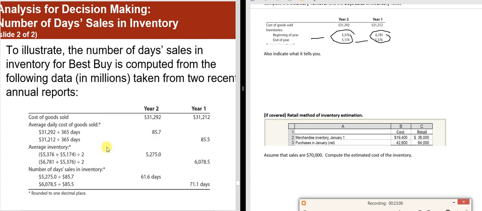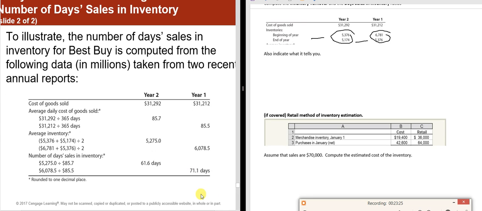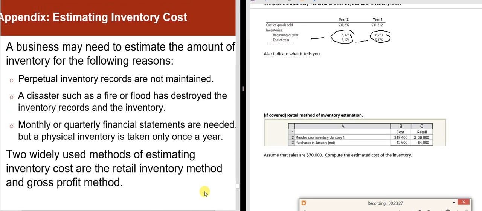So I'm going to take 52, the average inventory, divided by average days sales. So I have 61.6 days of inventory. So inventory basically sits on the shelf 61 days before it's sold. In year 1, it sat on the shelf 71 days. So I'm getting better there too. Okay, so that's it.